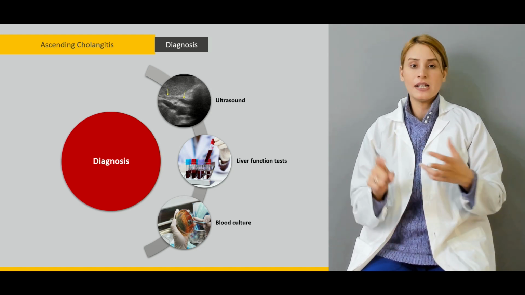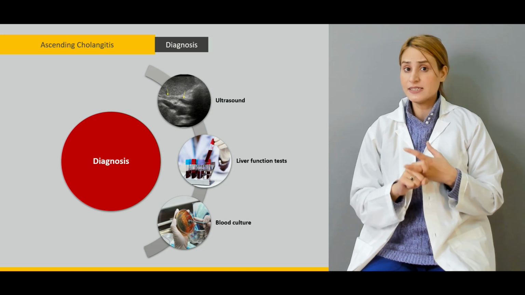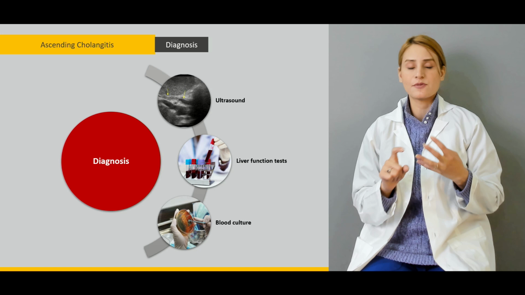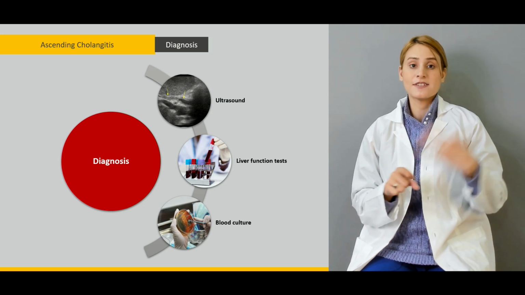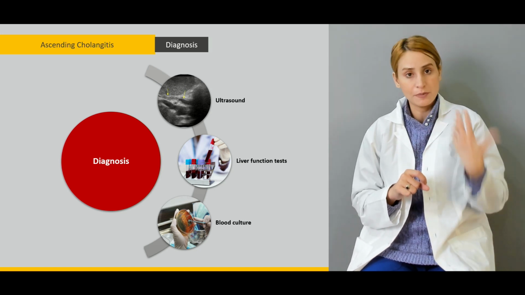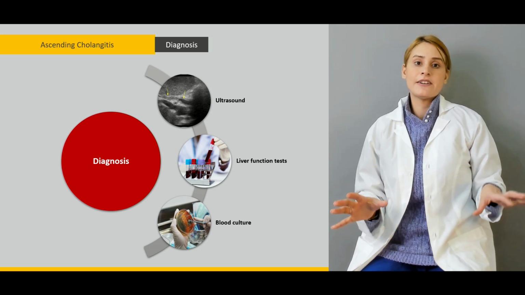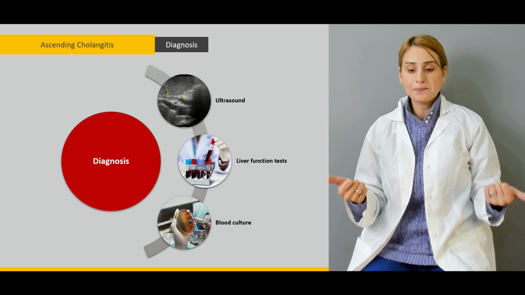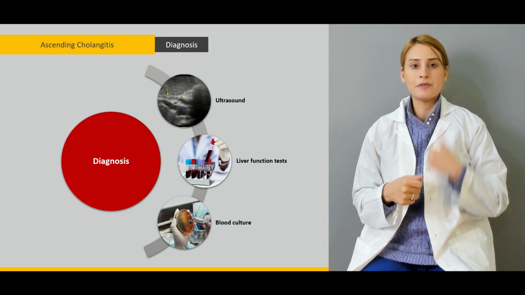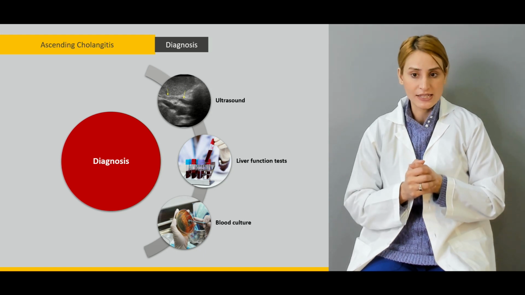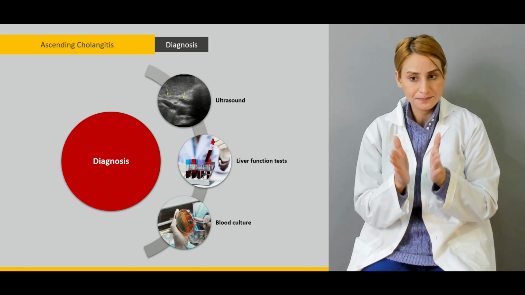Bilirubin would be increased, ALT would be increased, not that significantly, but that would be increased as well. And alkaline phosphatase, which is actually coming from the gallbladder, so that would be increased more. And then you order for the direct and indirect bilirubin levels. And indirect bilirubin would be more raised as compared to the direct, and the gamma GT would be increased in case of the ascending cholangitis as well.